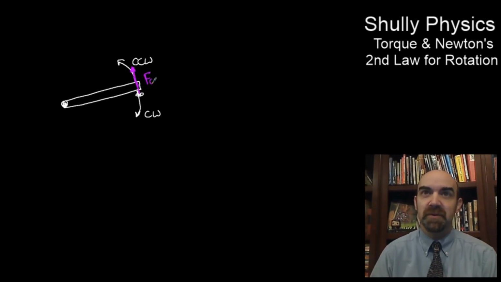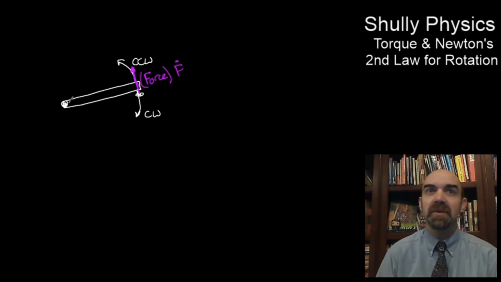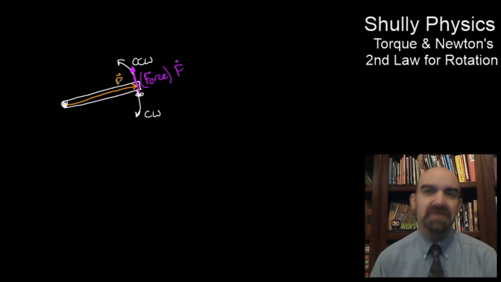So there's a force involved, there's an F, and keep in mind that force is a vector. And there's also a point at which we're pushing on the door. I'm going to call that R, but this R is not just radius, it's got a special name. It's called the torque arm.